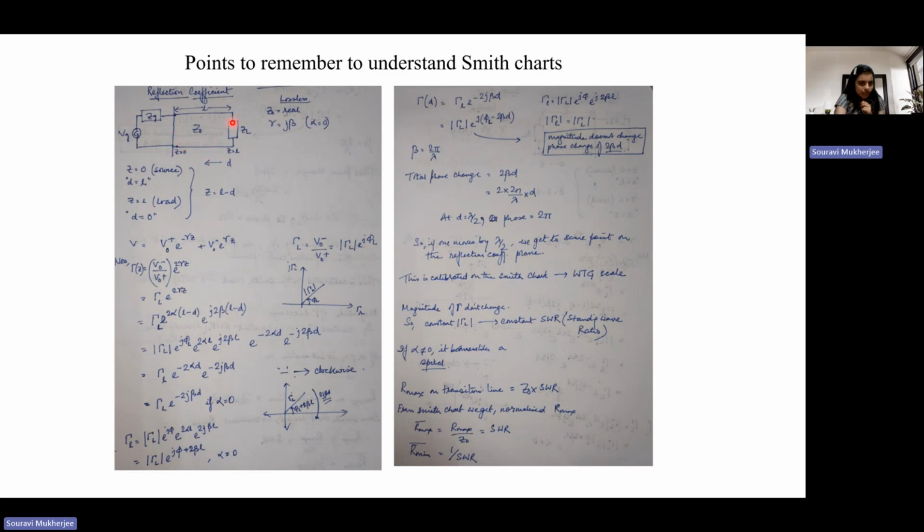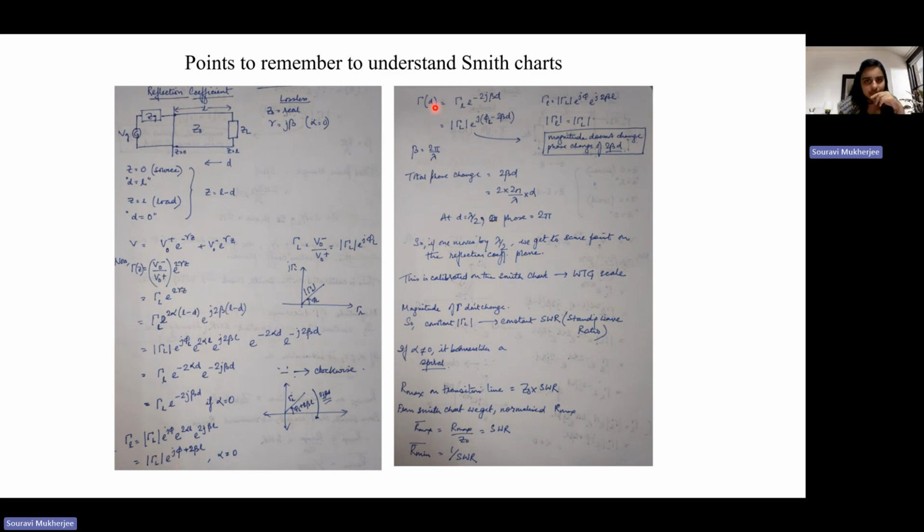So suppose you know the impedance at the load and you're going away from the load towards the generator side, depending on how far you are from the load, you would have different phase coming in, right? So tau L can be written by this relation here.